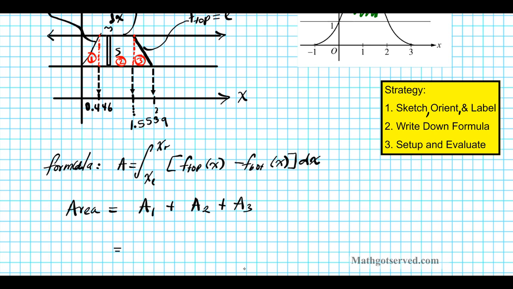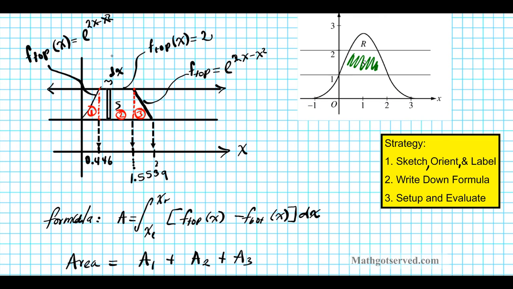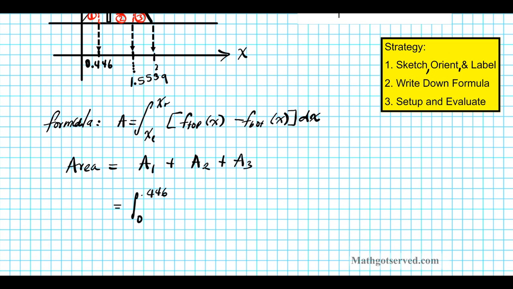Alright, so the area of region 1 is going to be the integral from 0, that's the x left, to x right, 0.446, times the function on the top. Now for region 1, the function on top is e to the 2x minus x squared. So that's going to be e to the 2x minus x squared.